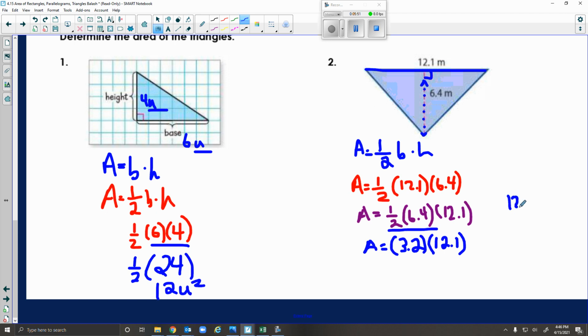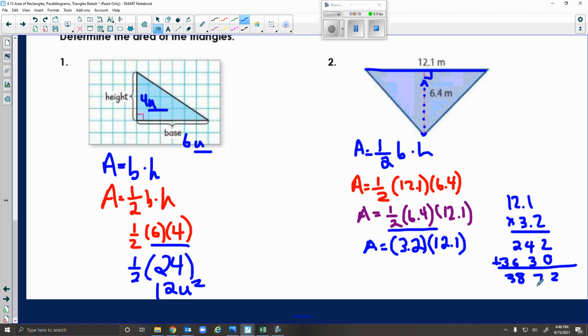So off to the side, I'm going to do 12.1 times 3.2. Hold my place value 0. 3, 6, 3. Add them up. How many decimal places do I have up here? 1, 2 decimal places.